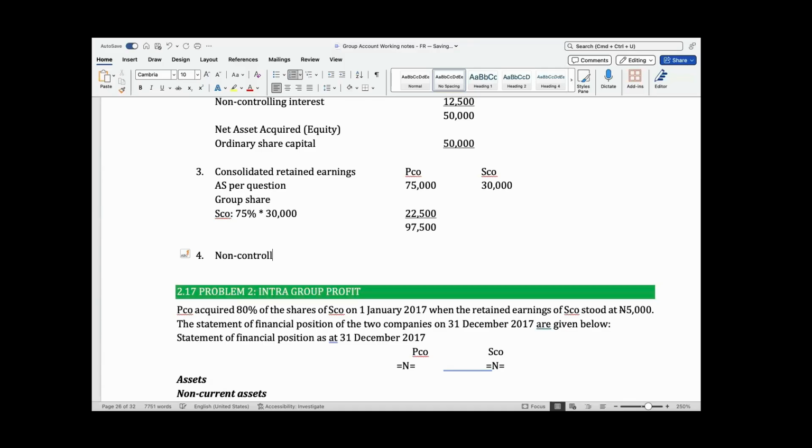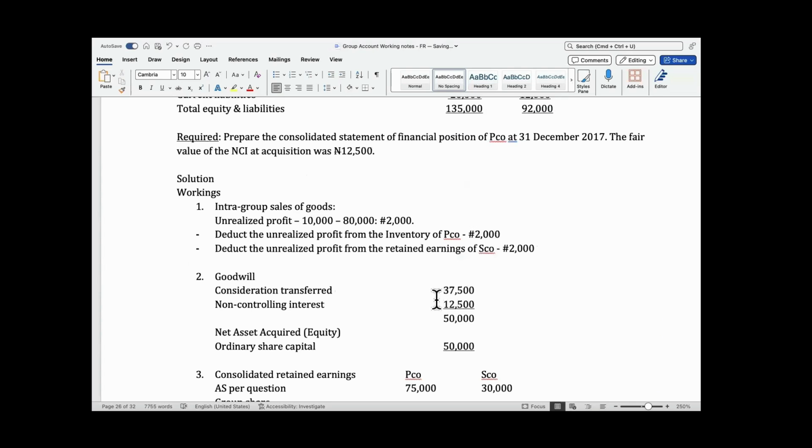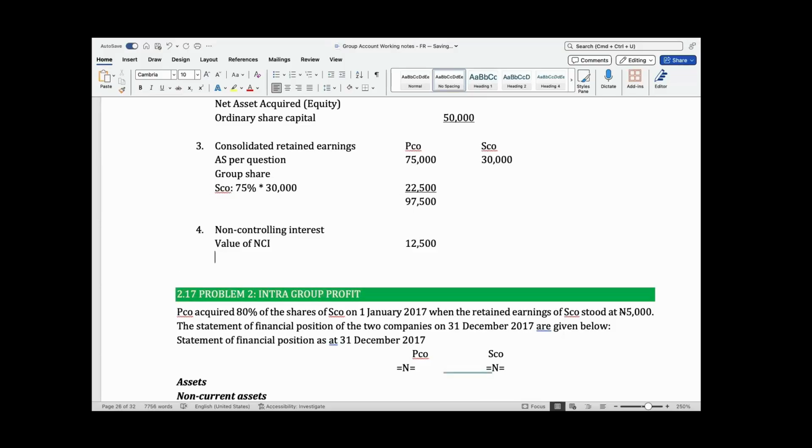Finally, non-controlling interest. The value of NCI, we computed it as 12.5 here. NCI share is 25% times this 30,000.